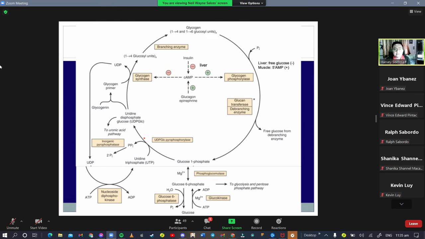Remember, our protein kinase, when in its active form, converts your glycogen synthase kinase, which if in its active form, would convert your glycogen synthase, which promotes glycogenesis. In the case of insulin, the glycogen synthase kinase is inactivated. So this ultimately causes the inactivation of your glycogen synthase kinase, the enzyme that keeps the glycogen synthase in the inactive form.